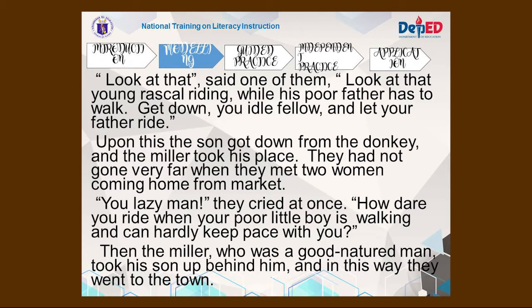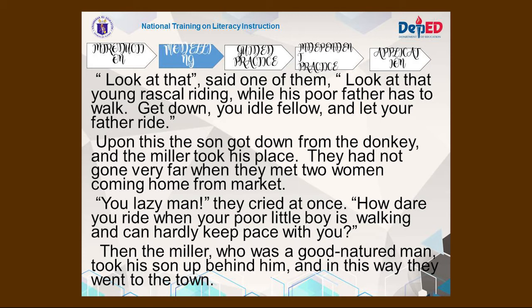I will continue reading. "Look at that," said one of them. "Look at that young rascal riding, while his poor father has to walk. Get down, you idle fellow, and let your father ride." Upon this, the son got down from the donkey, and the miller took his place.